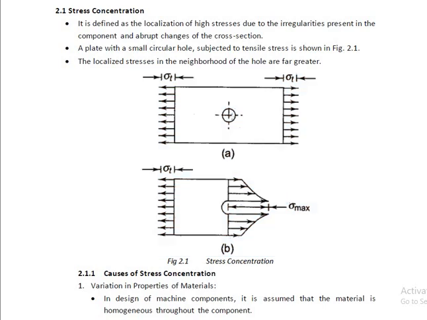Because there is a presence of a hole at the center of this plate. And due to the presence of the hole, there are irregularities in the section. And due to these irregularities, there is a chance of localization of this high stress. This is known as stress concentration.